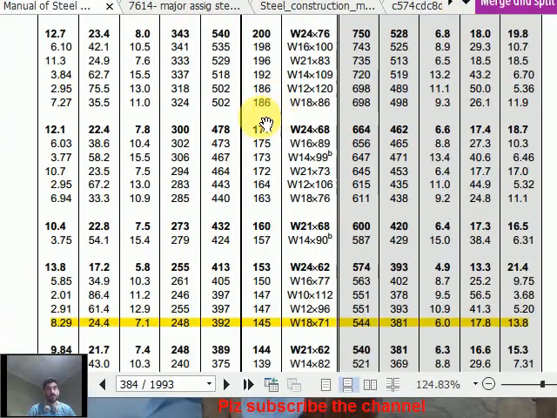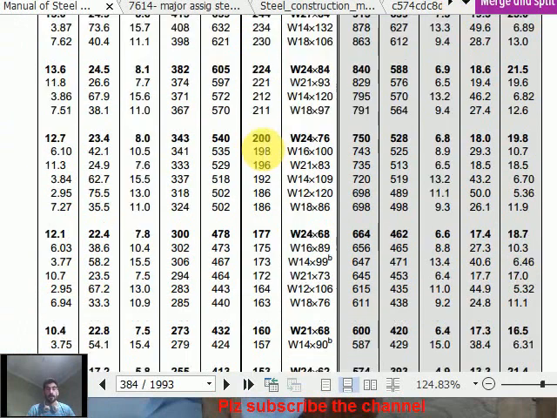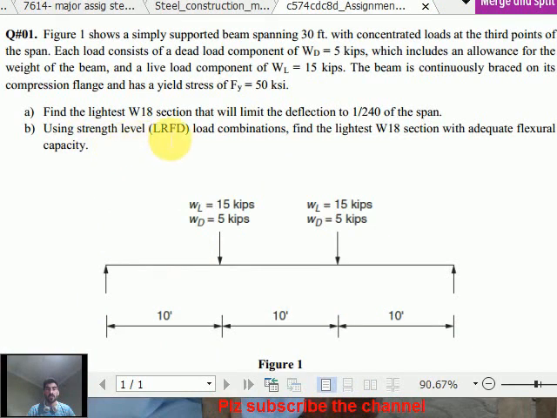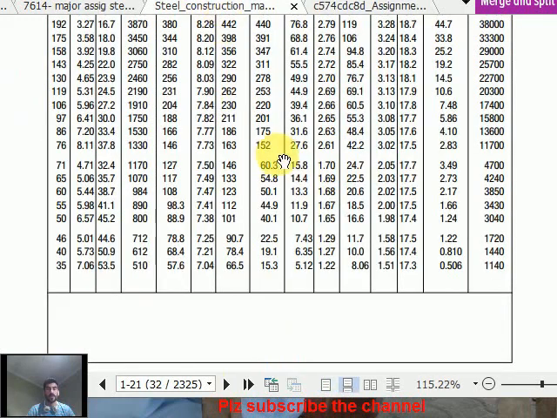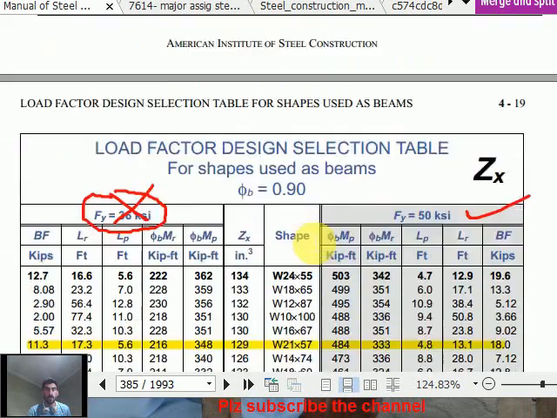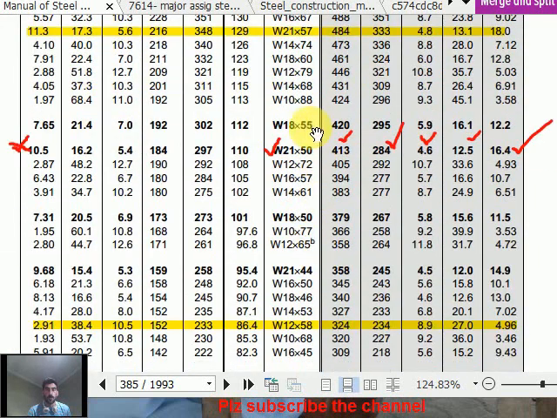Okay, remember, in this question they say using strength level find the lightest W18 section, lightest. So whenever you are asked to select a lightest section, you see these bold lines, basically these represent that these are the lightest sections. Clear? So in W18, if you search W18 for bold, you find that W18x55 will be the lightest one, having a moment capacity of 420.